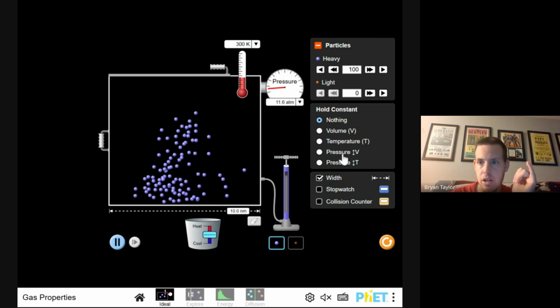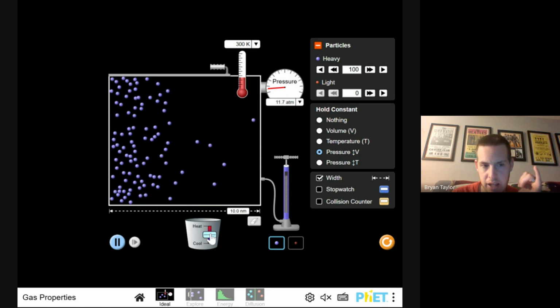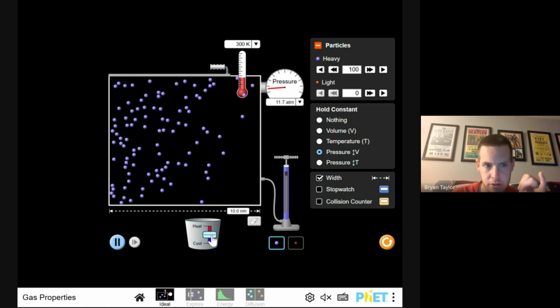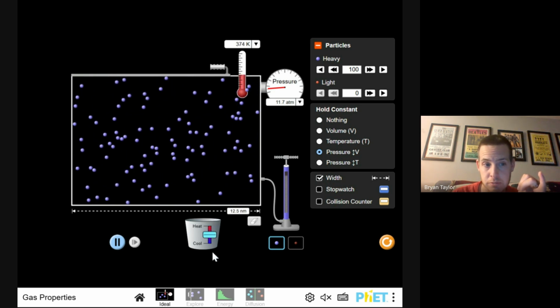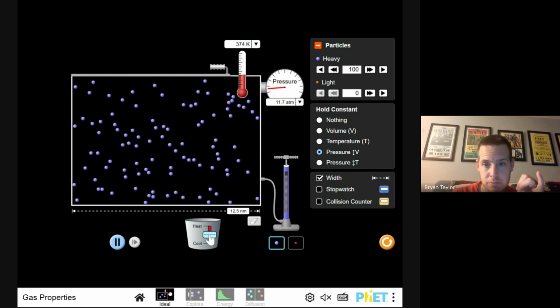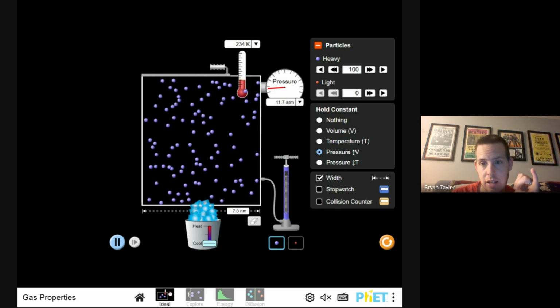With Charles, if you have a hot air balloon, if I heat up the gas, the temperature is going to go up and the balloon's going to get bigger. If I cool it down, it's going to shrink and get smaller.